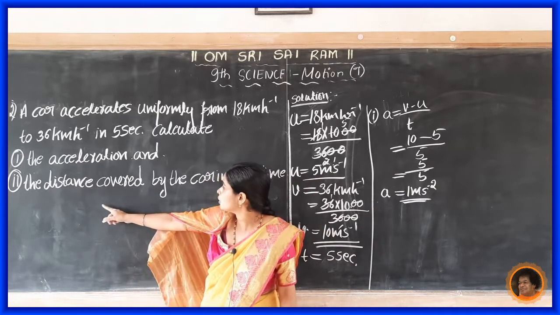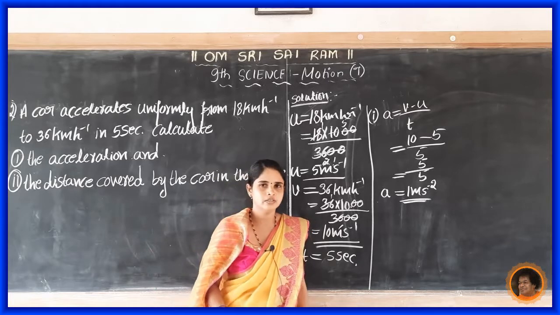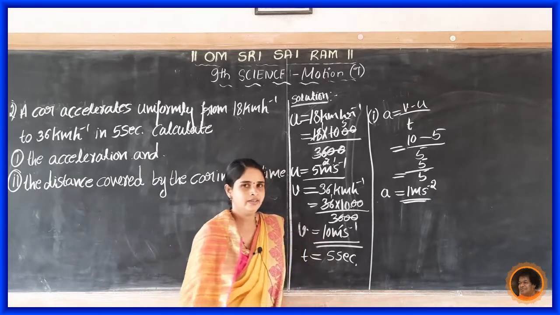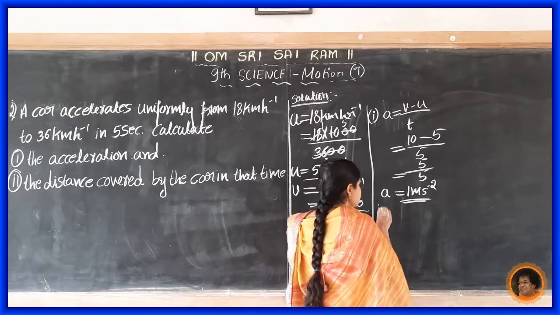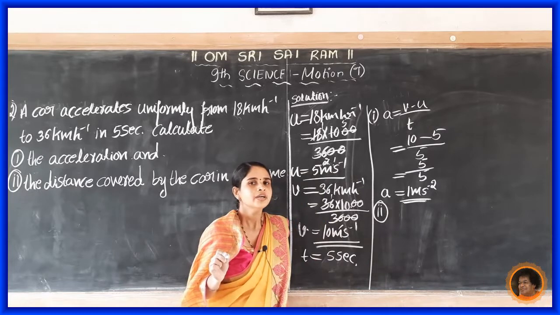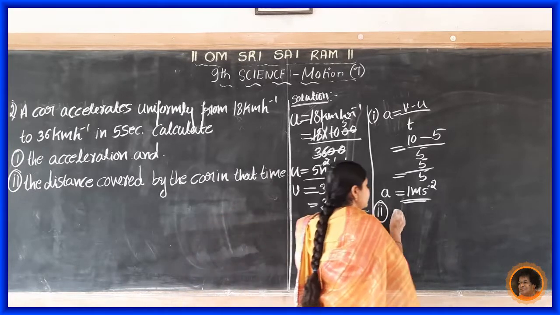Next, second, calculate the distance covered by the body in 5 seconds. The distance travelled formula: S equals ut plus half at squared.